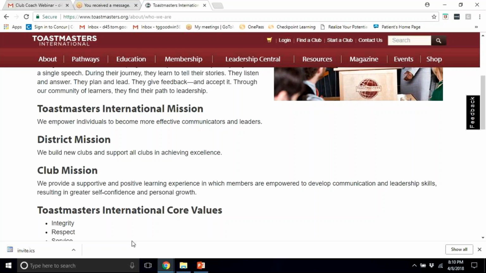They build it up to charter strength and get the paperwork going, collect the dues, and get it all into Toastmasters. The mentors really have a responsibility in the second half of the district mission, to support all clubs in achieving excellence. The purpose that I see of the mentor is to put the new club on the right track towards achieving excellence. And we'll go through that in a little further detail.